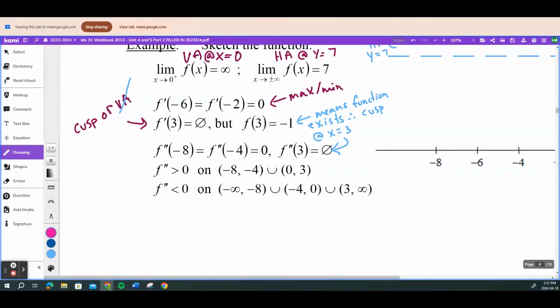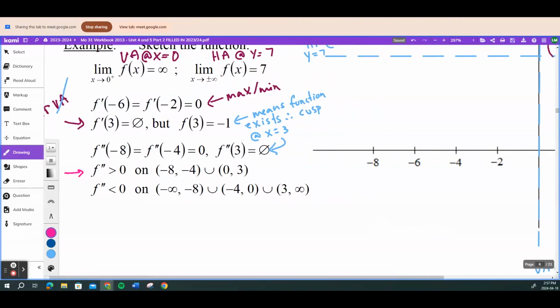And also we're told our second derivative is positive between -8 and -4. So what I like to do is just lightly sketch this in with your pencil. I just like to draw concave up for where that applies, just to help me.